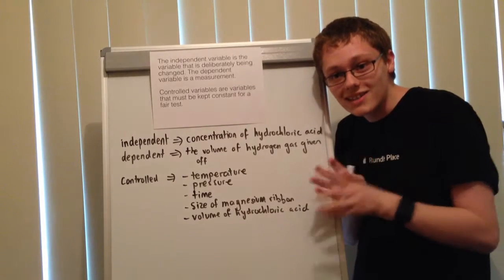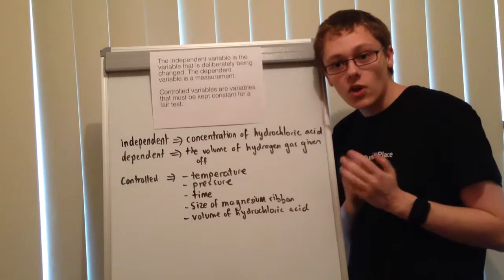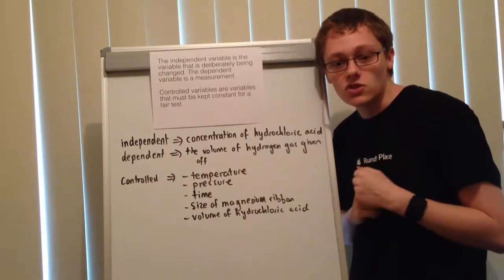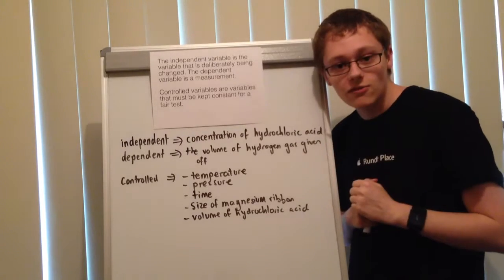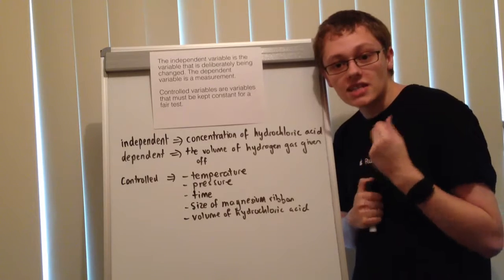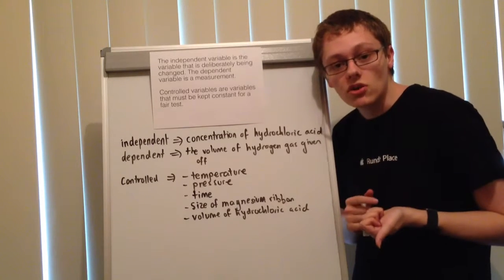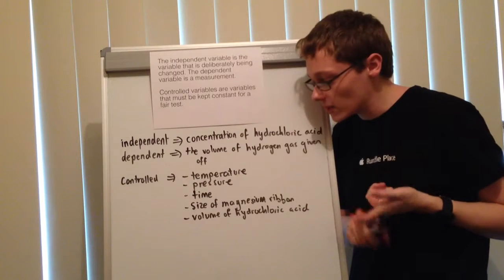So the independent variable is what we're deliberately changing. We're deliberately getting out different concentrations of hydrochloric acid. And the dependent variable is the volume, because by having those different concentrations, we're probably going to have a different volume of hydrogen gas given off. And the controlled variables would be things like temperature. We'd have to keep the temperature constant while the chemical reaction is being done. Pressure would also be something. Time.